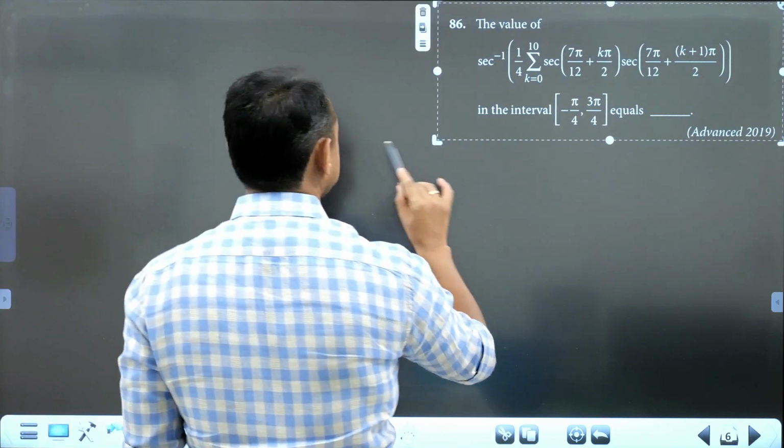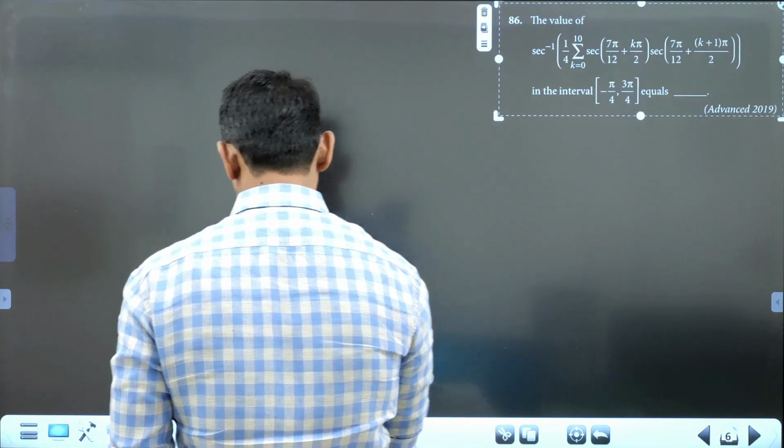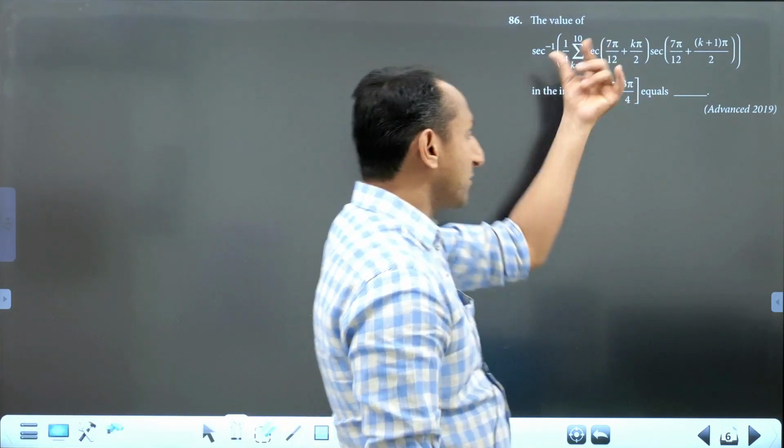Now we start. I write the term inside the bracket.